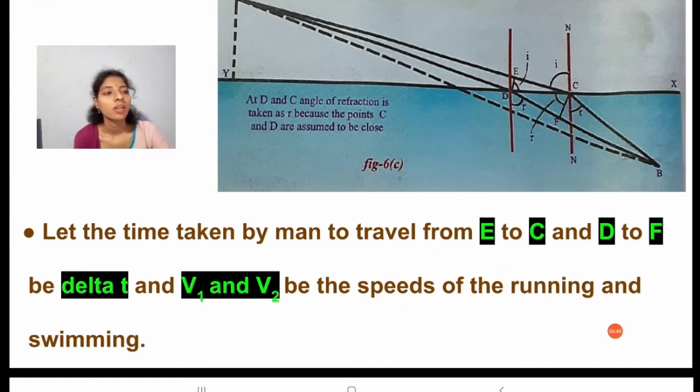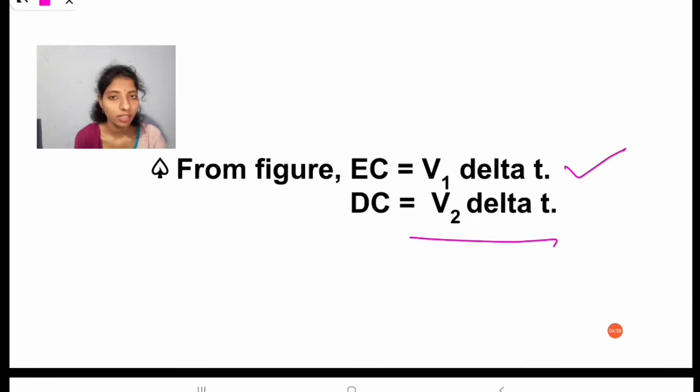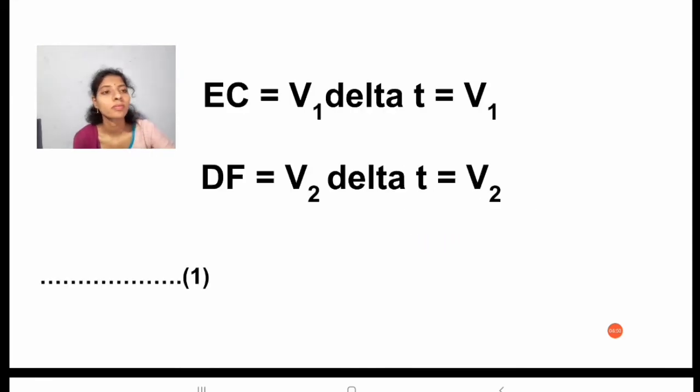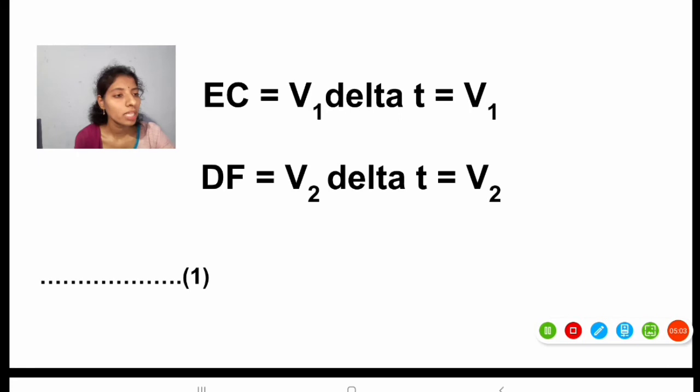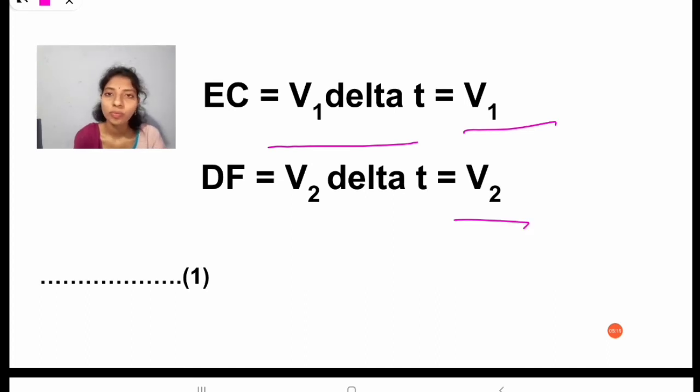From the figure we can write that EC equals V1 delta T, and DF equals V2 delta T. Take this as equation 1.